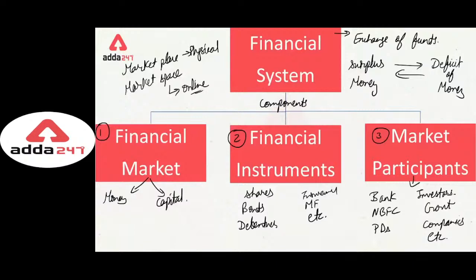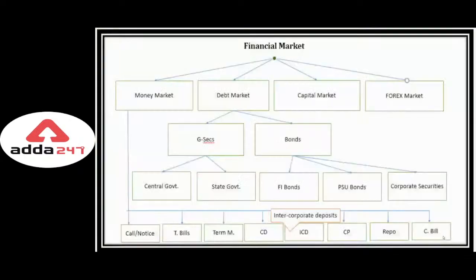Second is your financial instrument. Financial instruments are certain products or services of the financial market which can be used in the financial market to exchange the funds. And market participants are those people who are participating in the financial market to fulfill their funds need. Okay, so this is the basic structure of every financial system in our country.